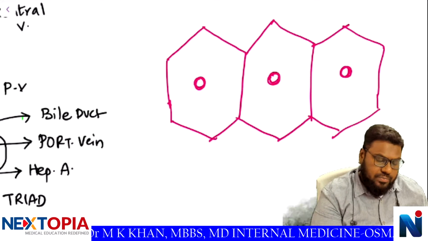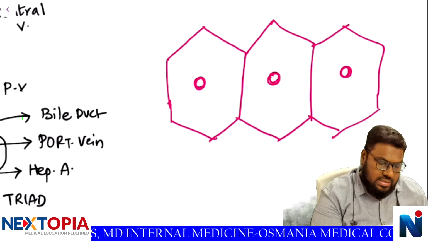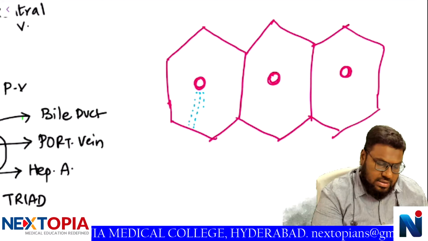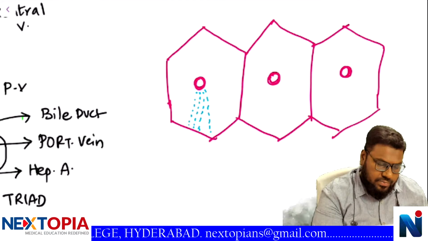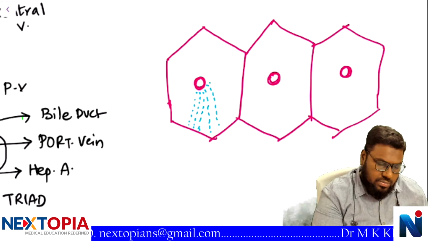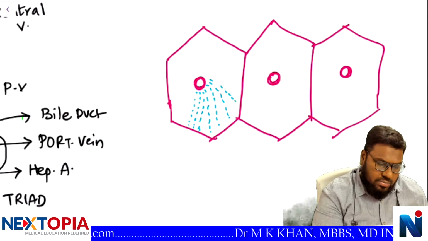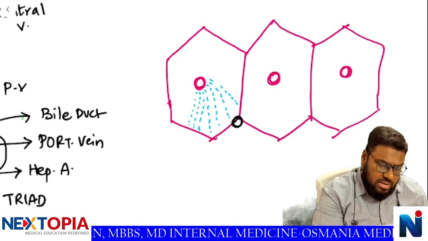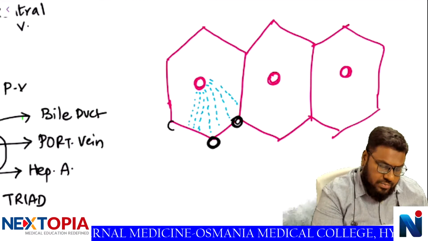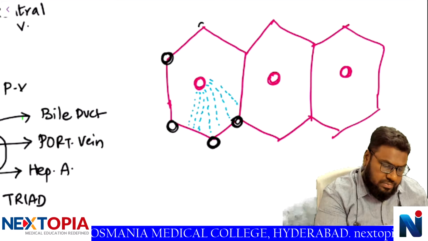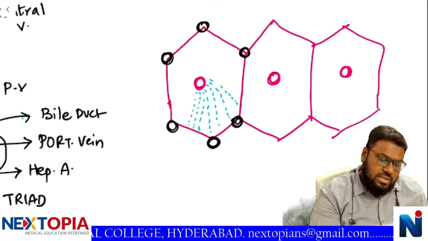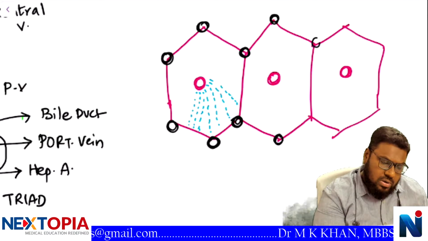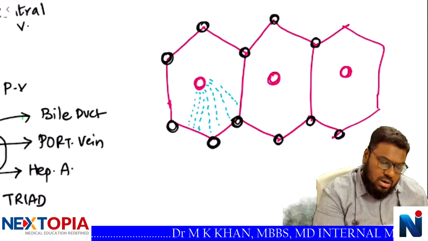So this is the central vein, and these are the cells arranged like this. All right, plate-like cells arranged like this, which are draining into. Now these are the portal triads, consisting of the hepatic artery, the bile duct, and the portal vein.